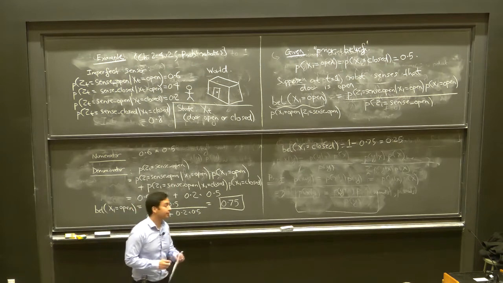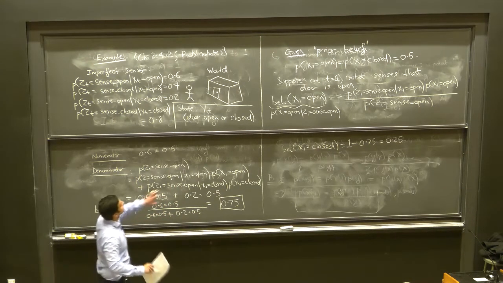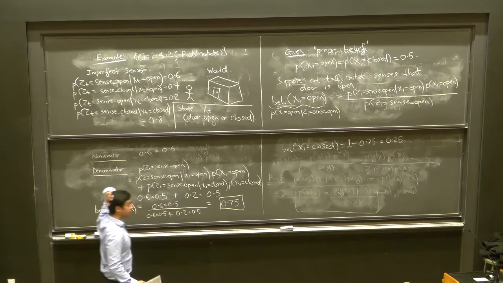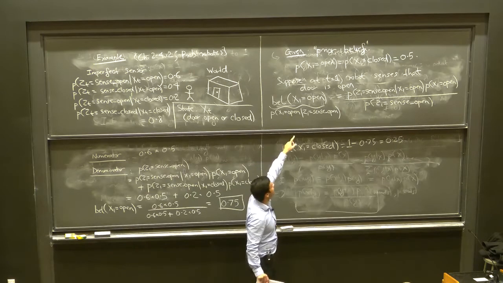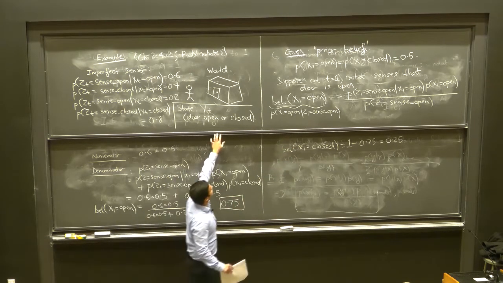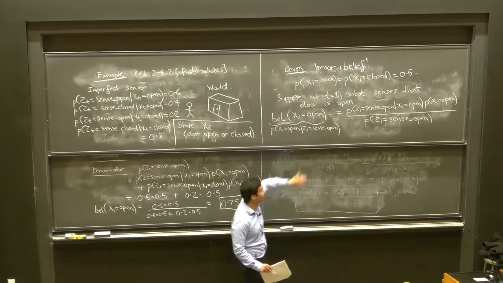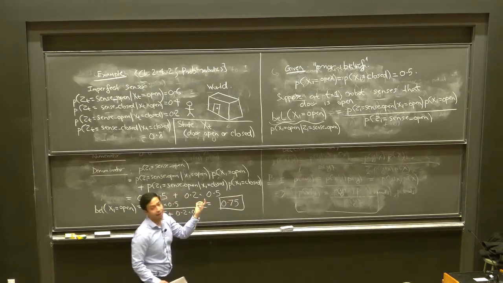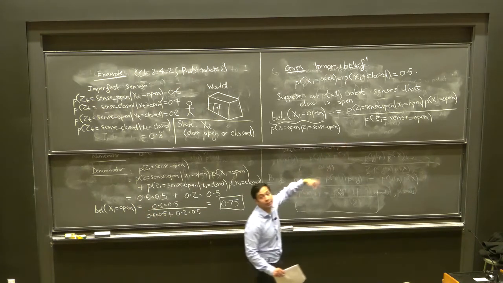So I think it's maybe just to make the point about Bayes' rule again, it's interesting to see what role Bayes' rule is playing over here. So we applied Bayes' rule right there. What we want to calculate is the probability that the door is open given that we sense the door to be open. What we actually have is kind of the inverse, which is the probability that we sense the door to be open given that the door is open.